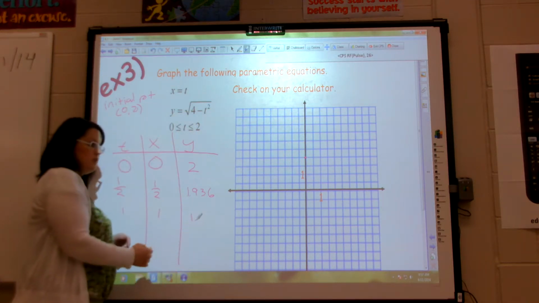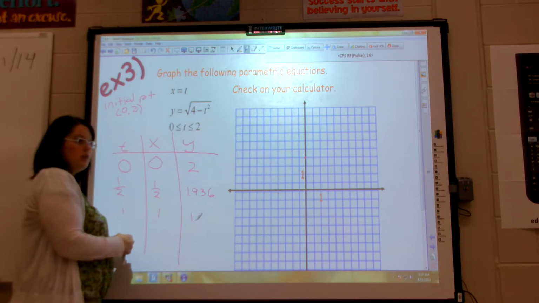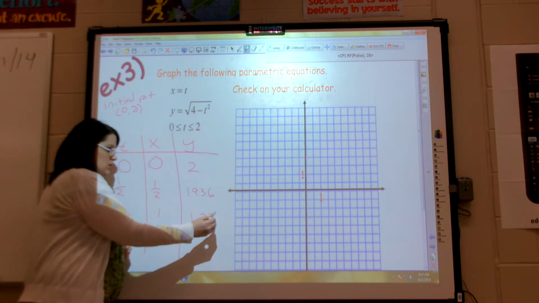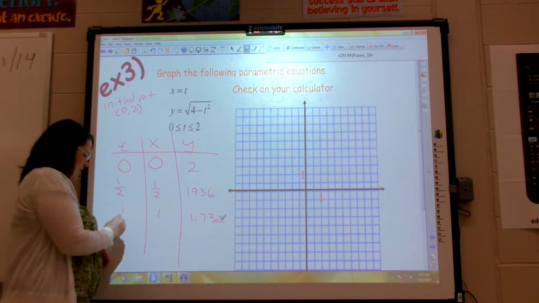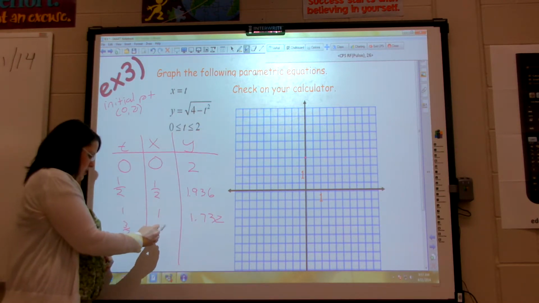So we're graphing 1.73. Then 3 halves, so x is 3 halves.